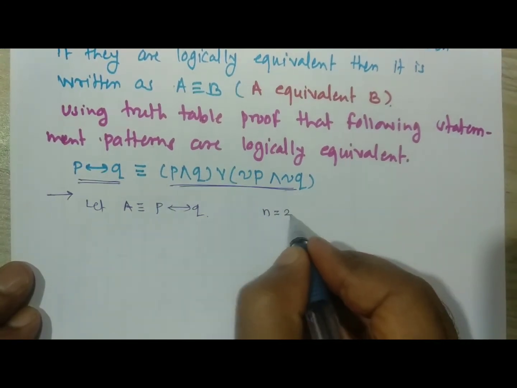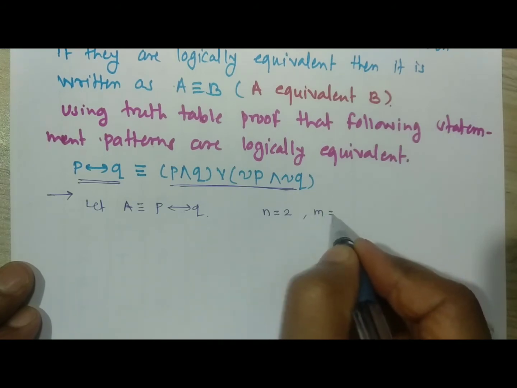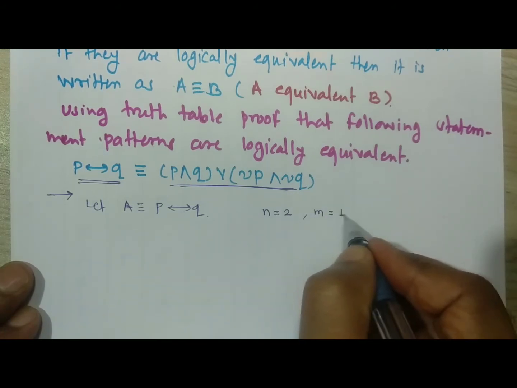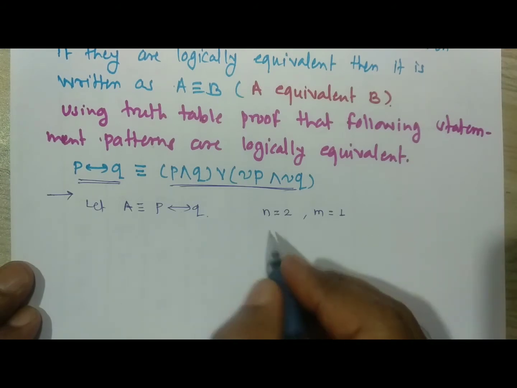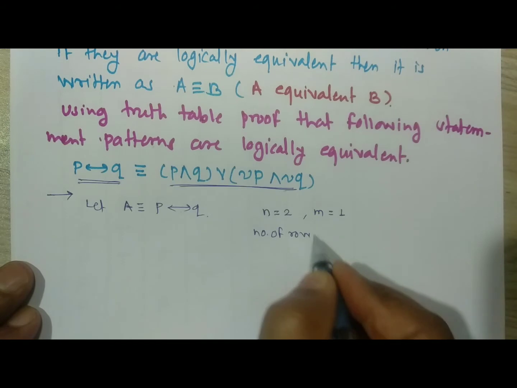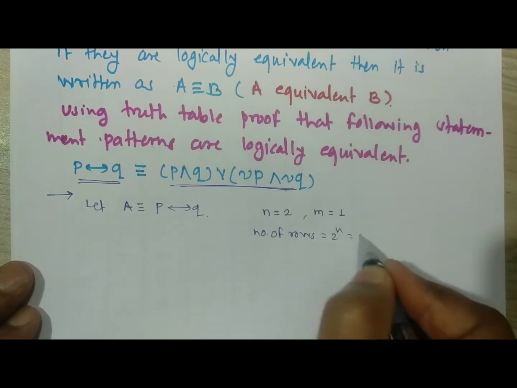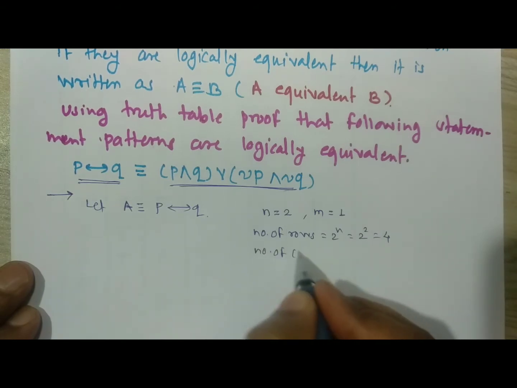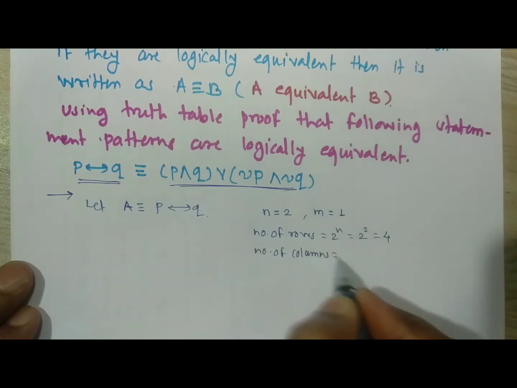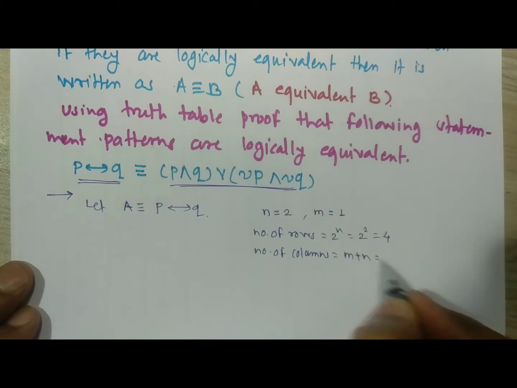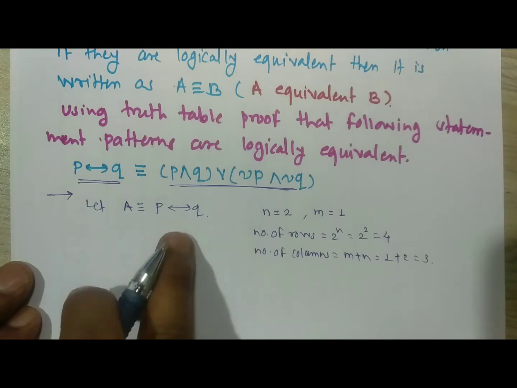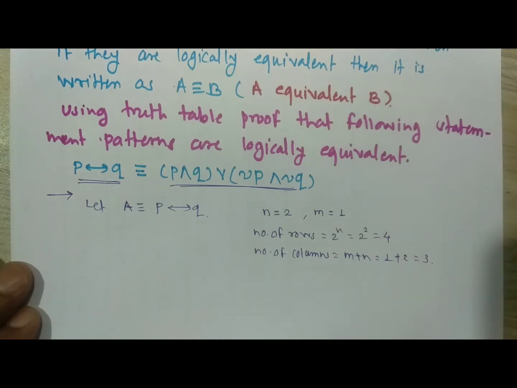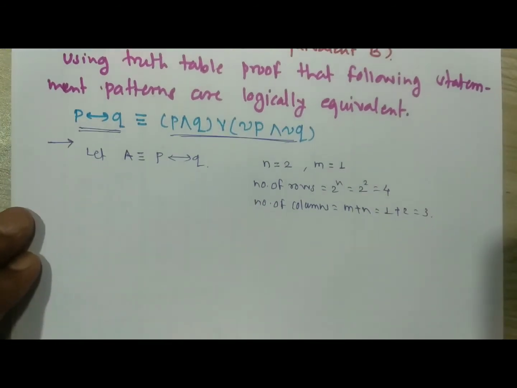The number of statements is 2 and the number of logical connectives m is 1, and therefore the truth table has number of rows 2 raised to n, that means 2 raised to 2, that is 4, and the number of columns is m plus n, that means 1 plus 2, which is 3. Therefore the truth table of P double implication Q has 3 columns and 4 rows.